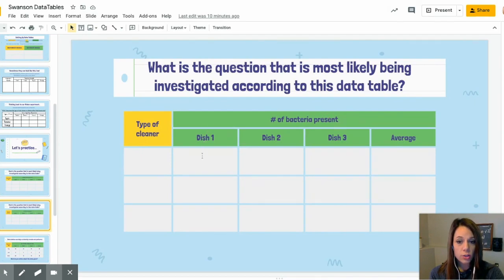And it looks like they're doing 3 different dishes for each type of cleaner, which again is great. The more dishes that you do, the more trials that you do, the more accurate your results are going to be. So again, how does the type of cleaner that's being used affect the number of bacteria present?